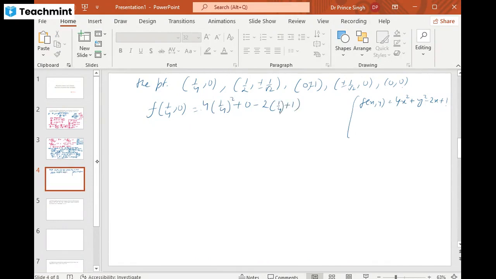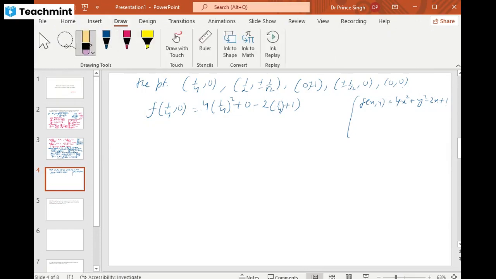Now its value comes out to be 4 by 16 minus 1 by 2. So 1 by 4 minus 1 by 2 is minus 1 by 4. Now let us consider the point f of 1 by 2, plus minus 1 by root 2. Because y appears squared, either I put plus 1 by root 2 or minus 1 by root 2, its value remains the same.